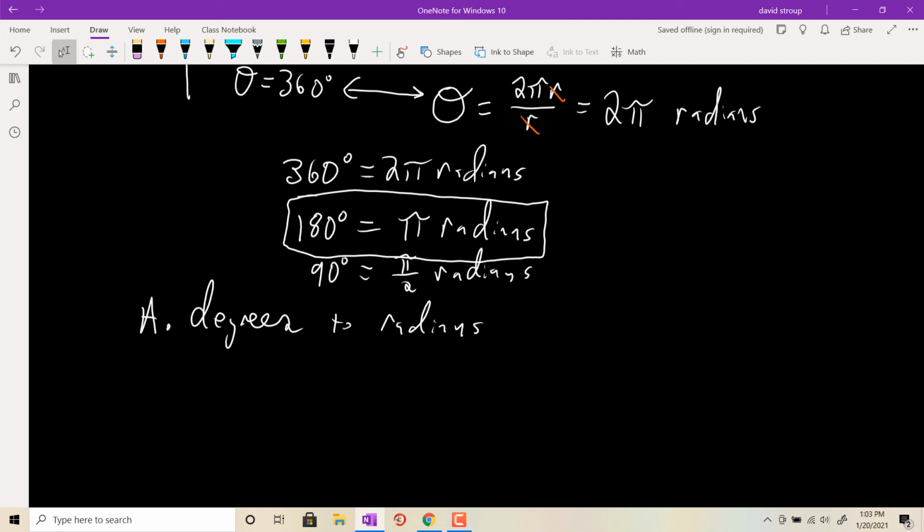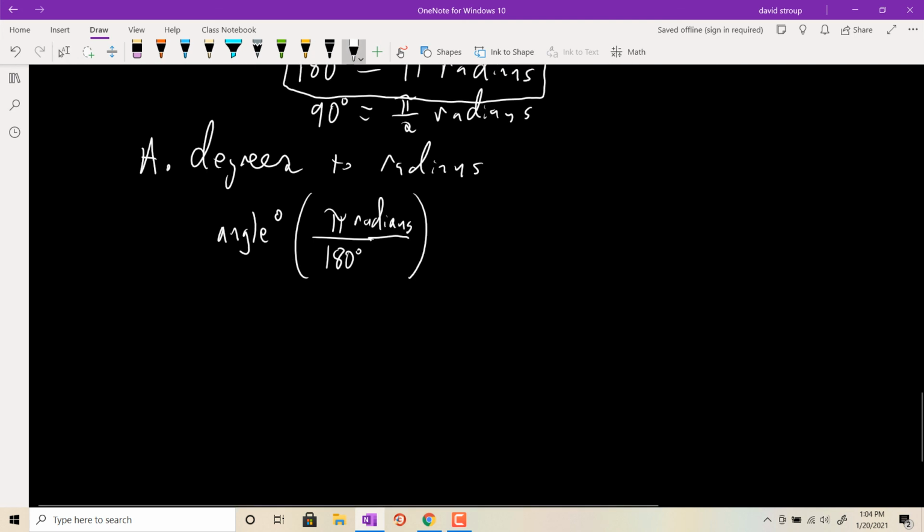So you're going to have some angle in degrees. And to get it out of degrees in the radians, you're going to multiply by pi over 180. So pi radians over 180 degrees. Okay, so that's the first one.